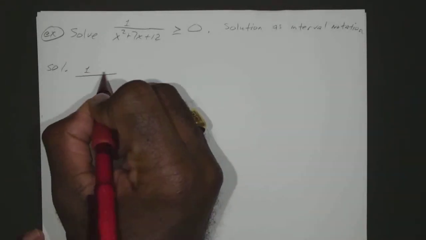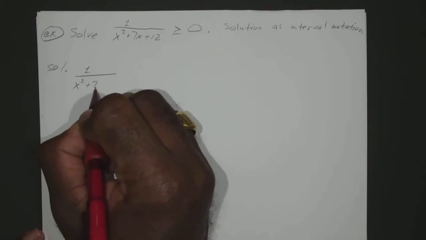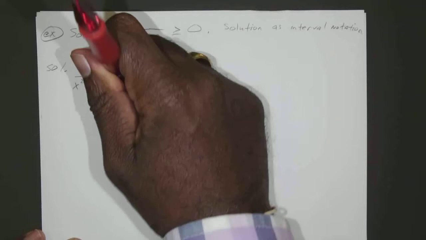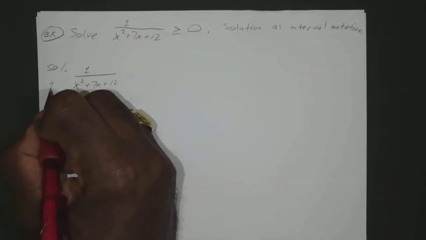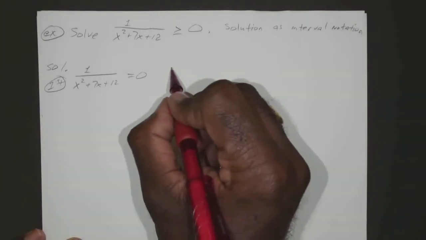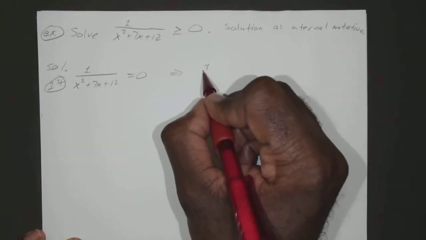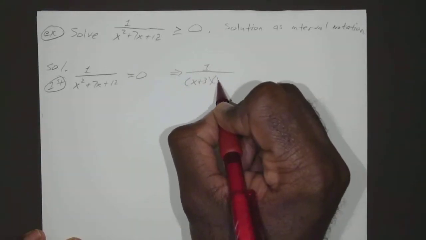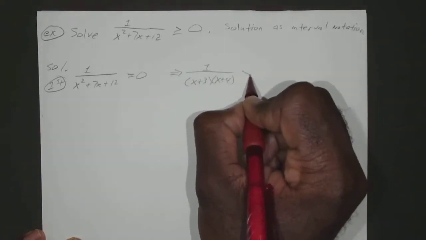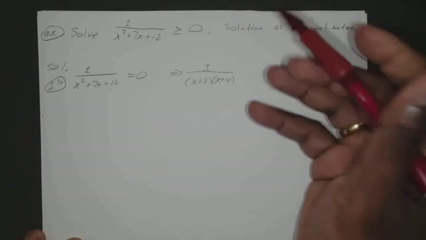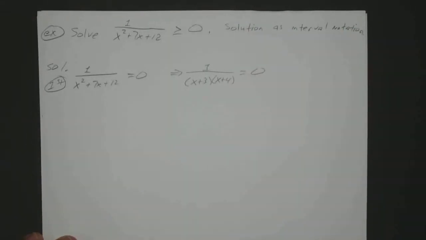Okay, so that means 1 over x squared plus 7x plus 12. Do our first step. Make that equal to 0. That factors out to become 1 over (x plus 3)(x plus 4) equals 0.